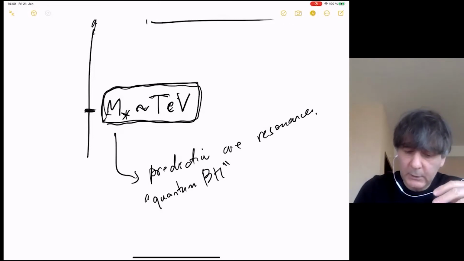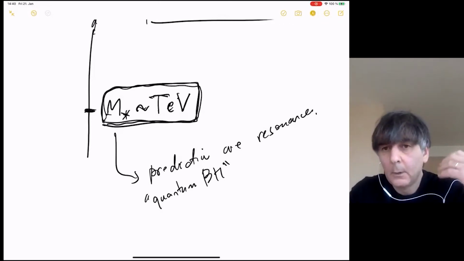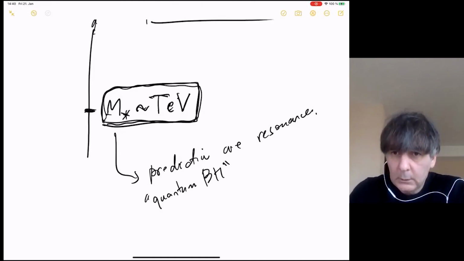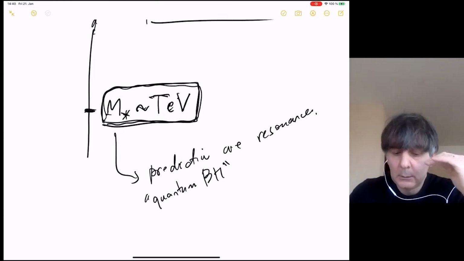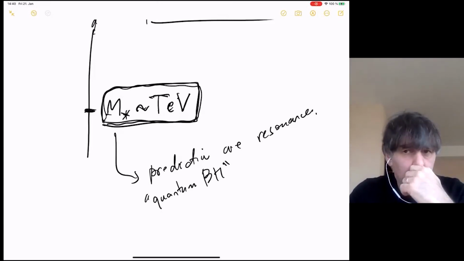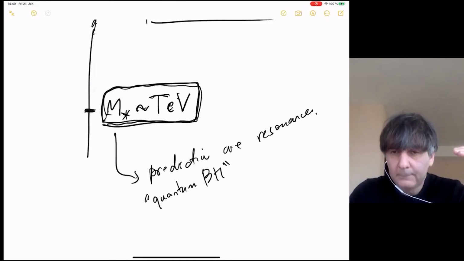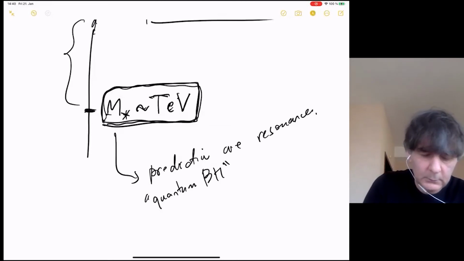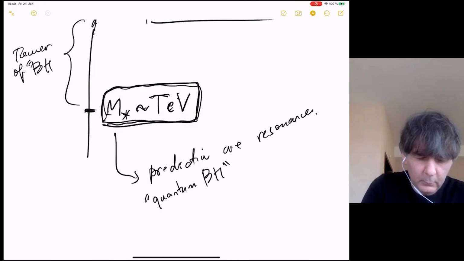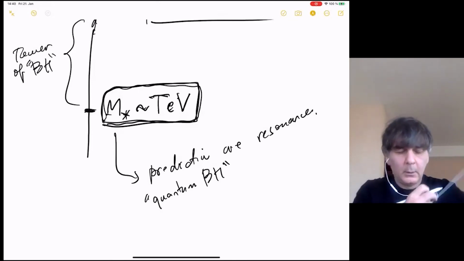If we are lucky, and the LHC can probe the gravitational cutoff of the theory, the way this will manifest itself is that we will see some resonances at the bottom of the tower. So we should see a tower of black hole type resonances.